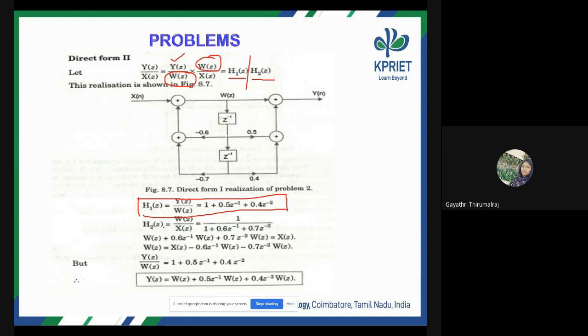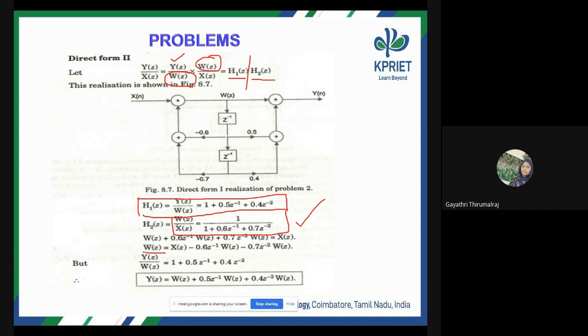Can you find w of z from this equation, the second one? Can you find it? Yes, ma'am. How? You just cross multiply and you obtain w of z. Cross multiply this term and find out what is w of z.